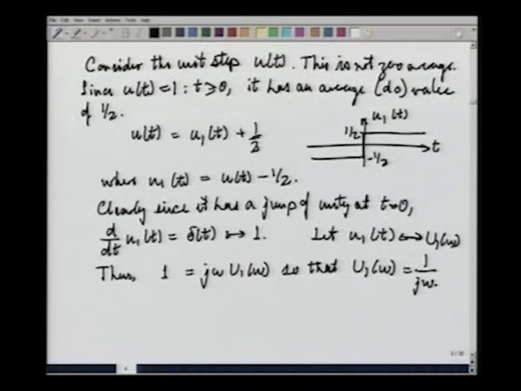But then there is also the other component, and so we are just a little away from finding the Fourier transform of u of t.